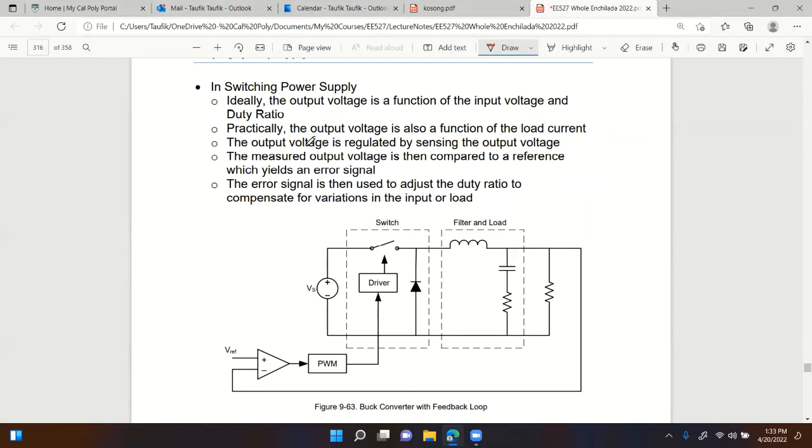The output voltage is regulated by sensing the output voltage. The measured output voltage is then compared to a reference to yield an error signal. And the error signal itself is then used to adjust the duty cycle, duty ratio, to compensate for variations in input or the load, right?